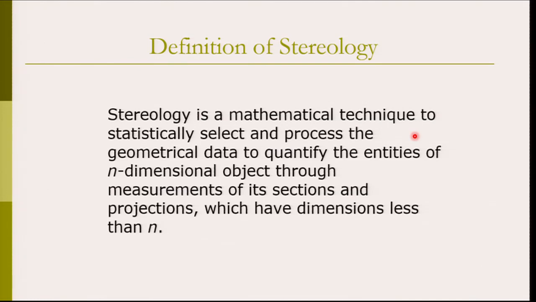What it means is, if we need to determine the volume of a particular object, we need cross sections of that object so that we can determine the cross sectional area and subsequently calculate the volume. Let me give you an example to understand the principle of stereology.